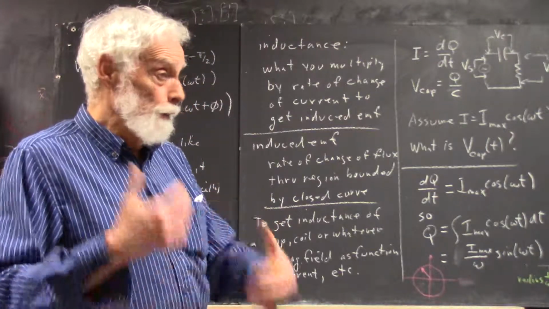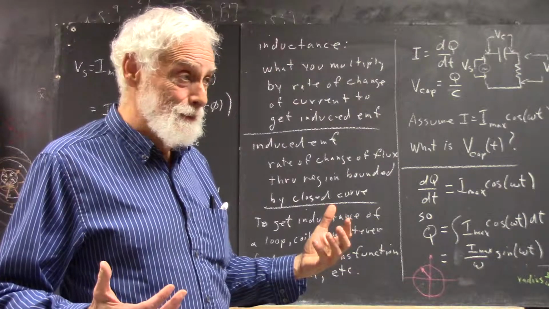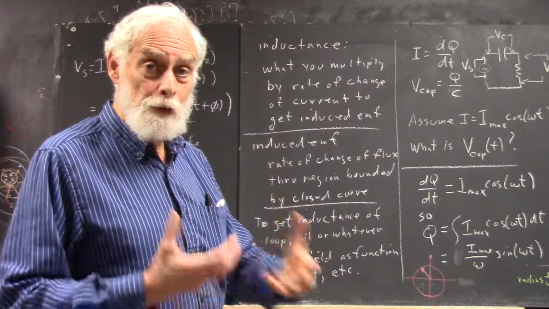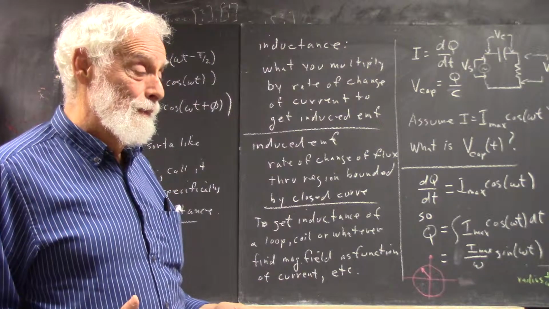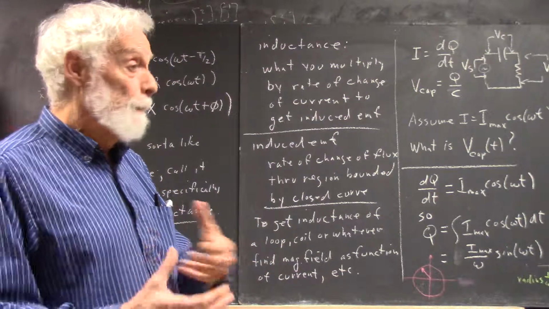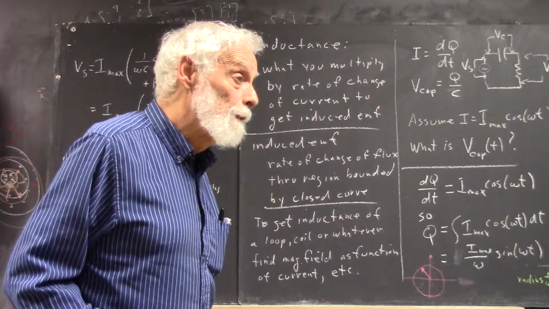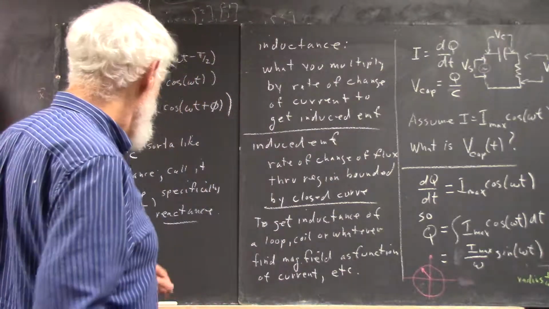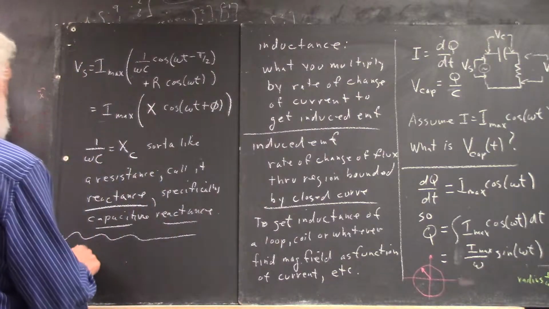You're trying to reverse the current fast. If you're trying to reverse the current fast, what's going to happen? The inductor is going to resist it. Yeah, you're going to get a back EMF from the inductor that just shuts everything down. So another factor is inductive reactance.